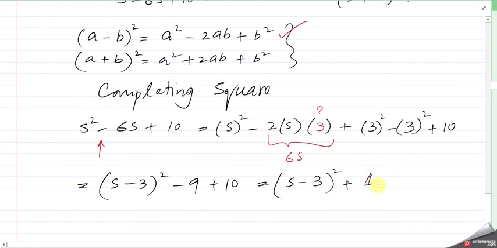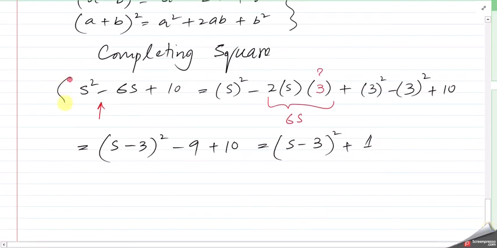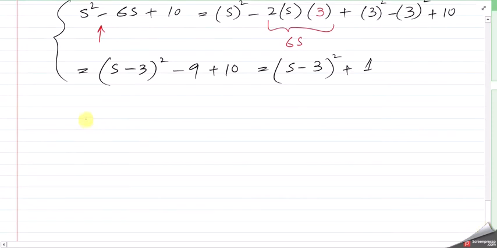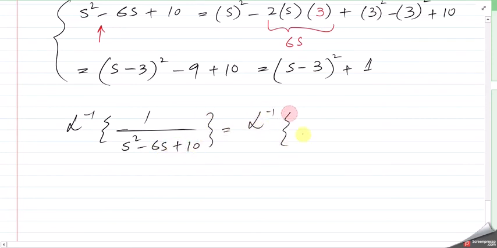So that's our square completed. Right, so now we replace our original function with this new term. Laplace inverse of 1 over s square minus 6s plus 10 equals Laplace inverse of 1 over s minus 3 square plus 1.